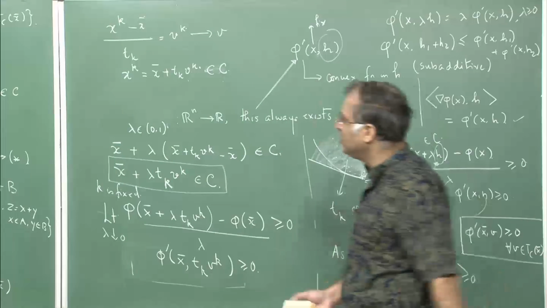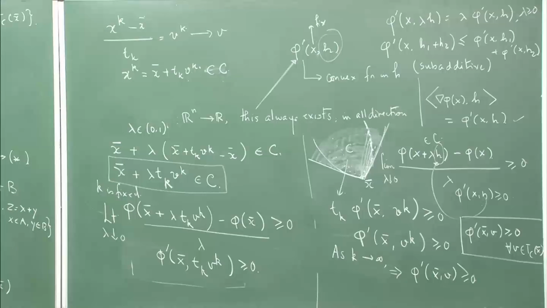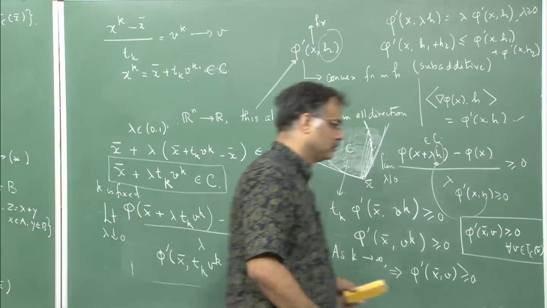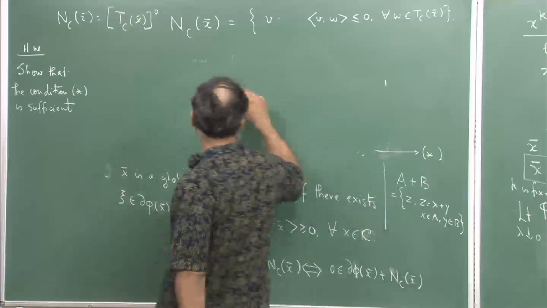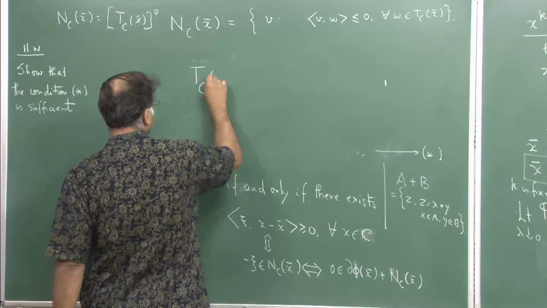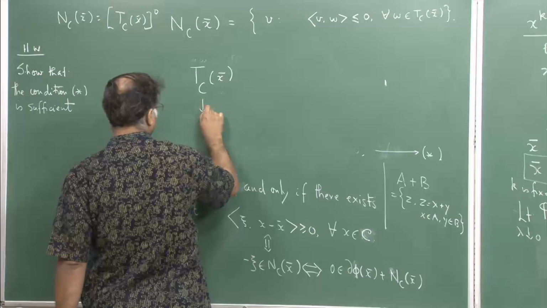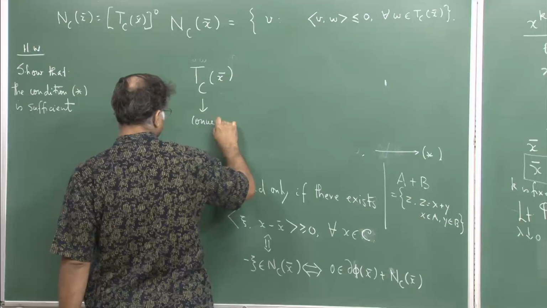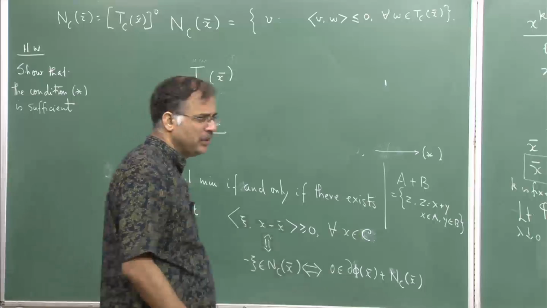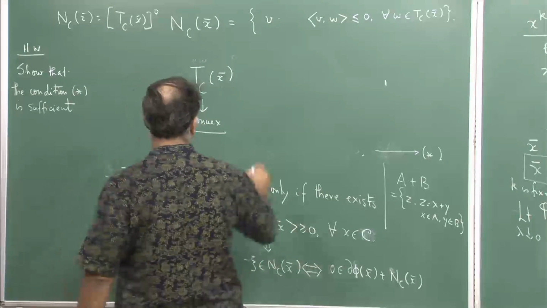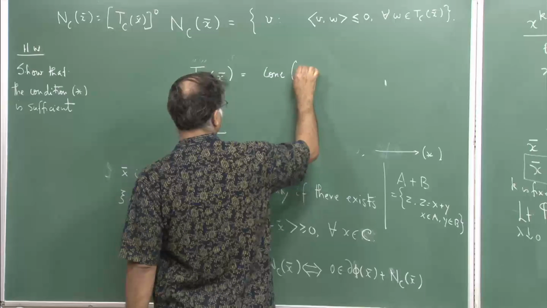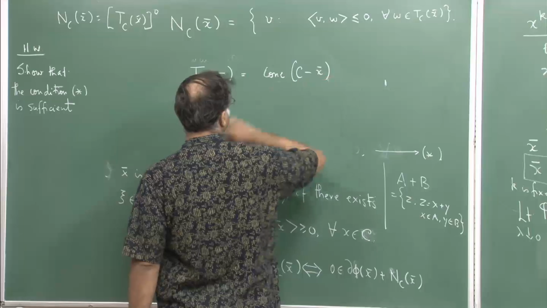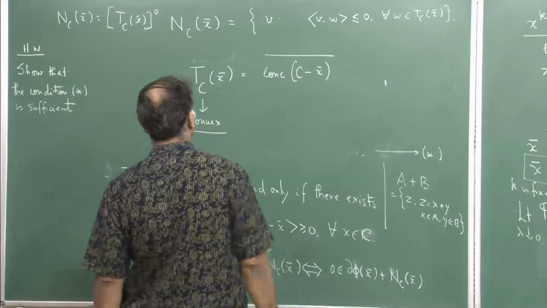Because if C is a convex set, then because of the convexity of C, the tangent cone has a more simplifying expression. What you essentially have to do is take the cone generated by C minus x bar and then take the closure of that. That is exactly the tangent cone.